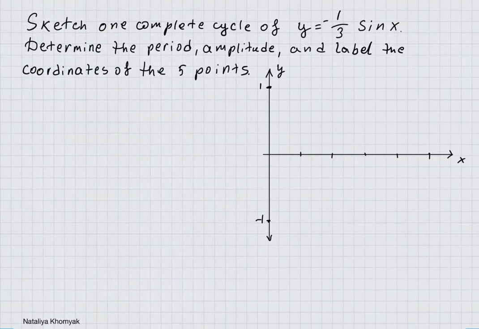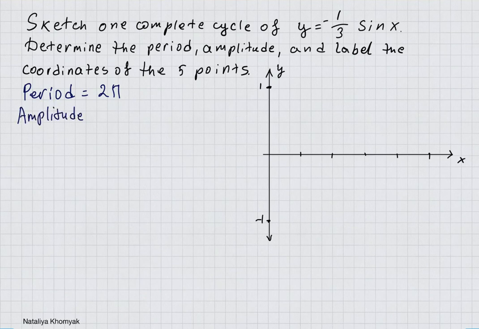Here we have to sketch one complete cycle of y equals negative 1/3 sine x. We need to determine the period, amplitude, and label the coordinates of 5 points. Period is always 2pi divided by the coefficient of x. So we have just one x, so 2pi divided by 1 is still 2pi.